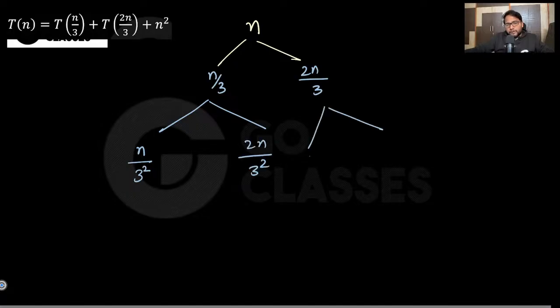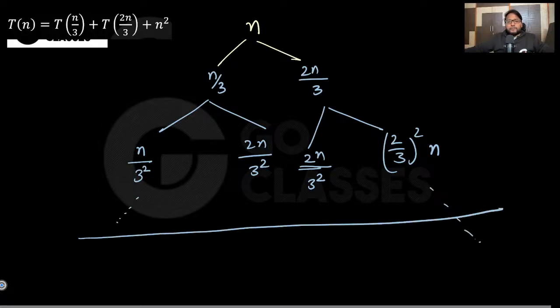Again this one will be 2n by 3 square. This will be 2 by 3 square n, right? And then you keep on doing it. We noticed that this branch will get terminated early, this branch will get terminated later. This branch is n upon 3 by 2 power k, this branch is n upon 3 power k.